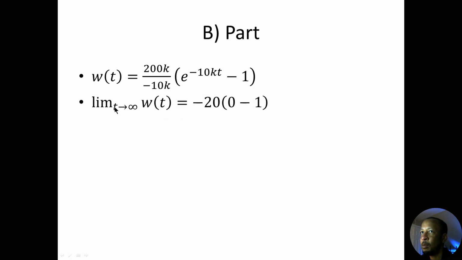Then when we take the limit as t approaches infinity to get the total energy, we end up with negative 20 times (0 minus 1). And ultimately that gives us 20 joules. So our final answer for B is 20 joules.